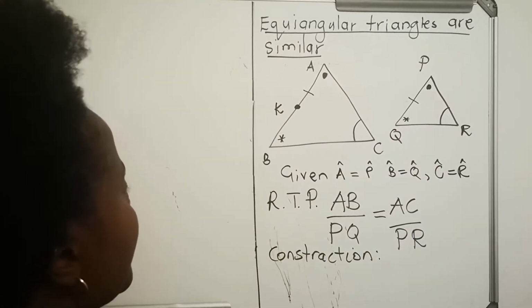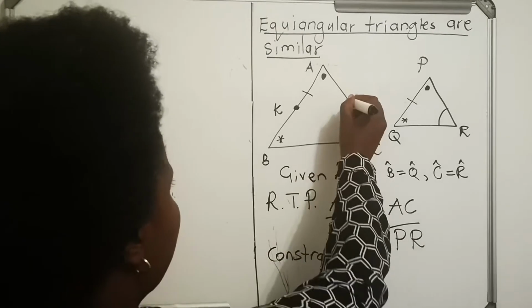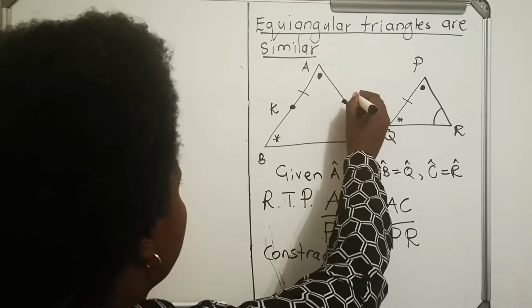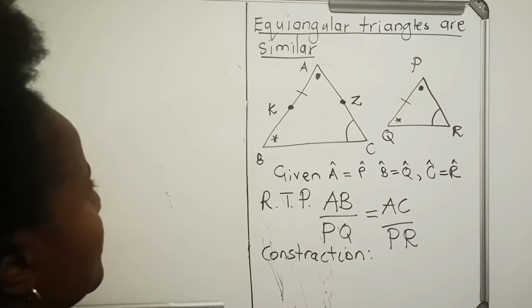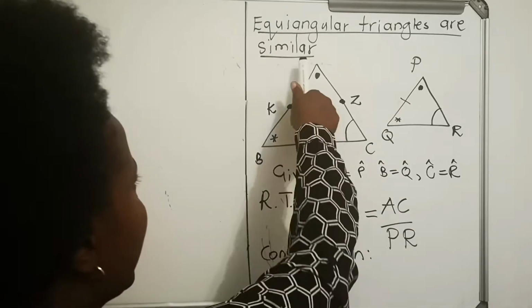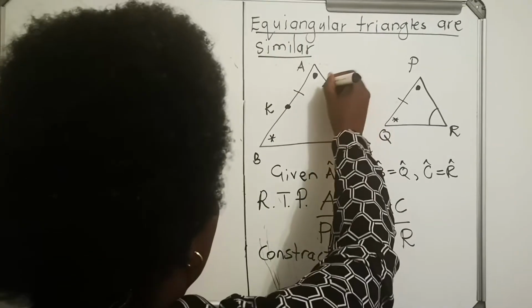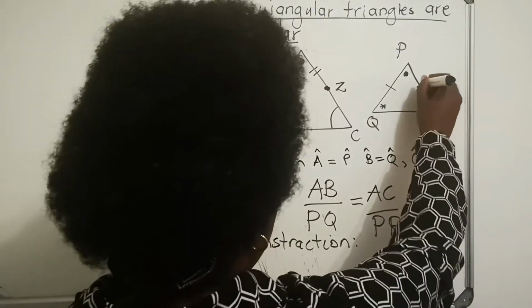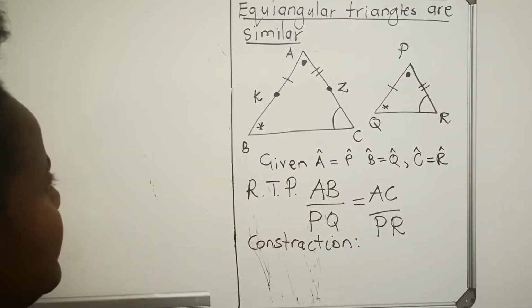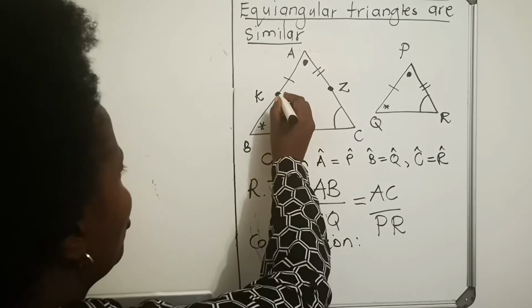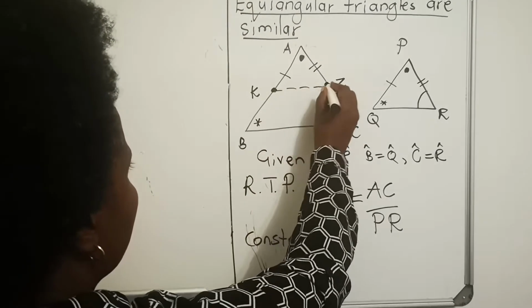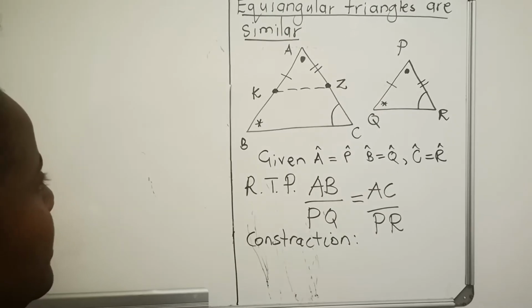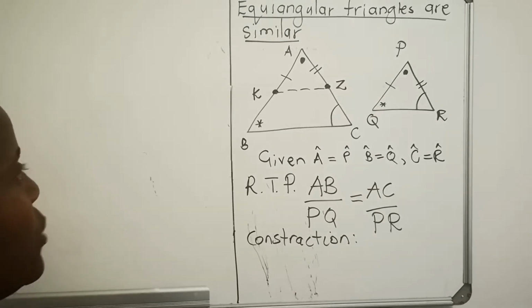And then you're also going to write point Z such that AZ is equal to PR in the other triangle. And then after we've done that, you join KZ.